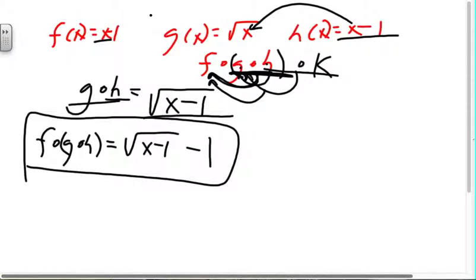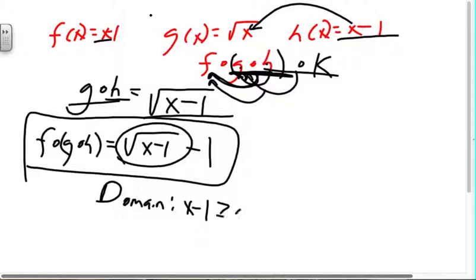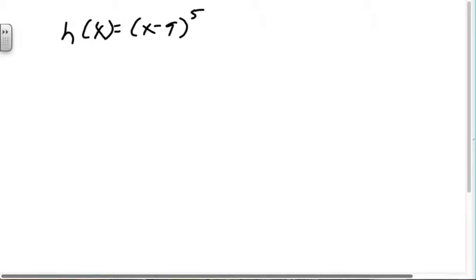Let's come back and take a look at the domain of this guy. Well, the only problem we have to worry about is when that one. So x minus 1 has got to be greater than 0, which means x has got to be greater than 1. And that's my domain. Okay. And what they want you to do is write this as f o g.